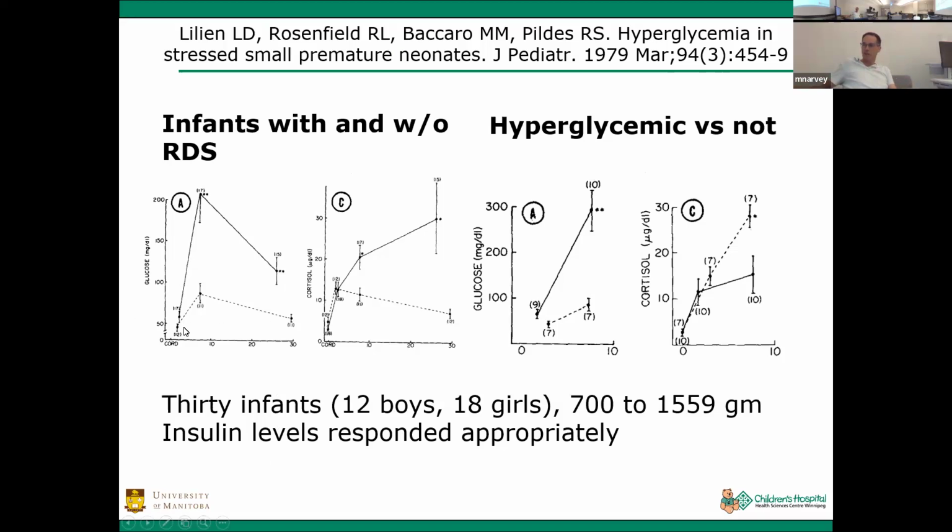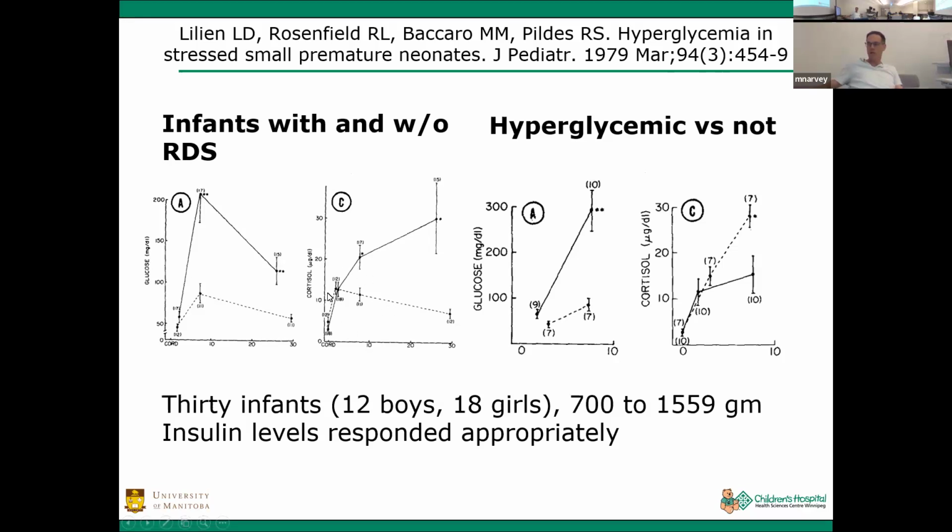What you're seeing here is the dark line are the stressed kids, and the dotted line are the kids without stress. On the y-axis you're looking at glucose in milligrams per deciliter. Stressed neonates in panel A had a much faster rise in their glucose.